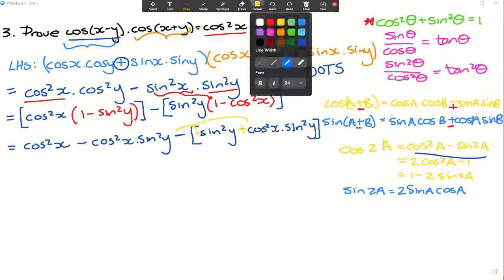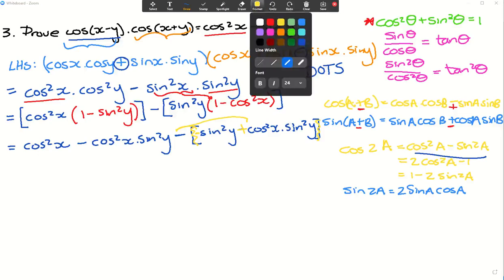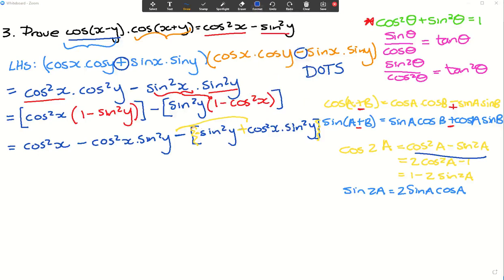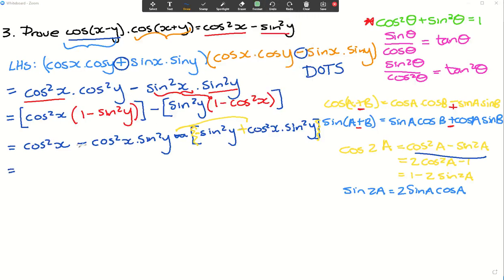Okay, so once I've done that, my brackets then fall away. I just don't feel like writing out this whole sentence again. So I end up having the minus, and this minus has now been dealt with, so that minus and that plus. So we end up having like terms here. Do you see, let's get another little color going on here. Do you see that I have minus cos squared x sine squared y plus cos squared x sine squared y?